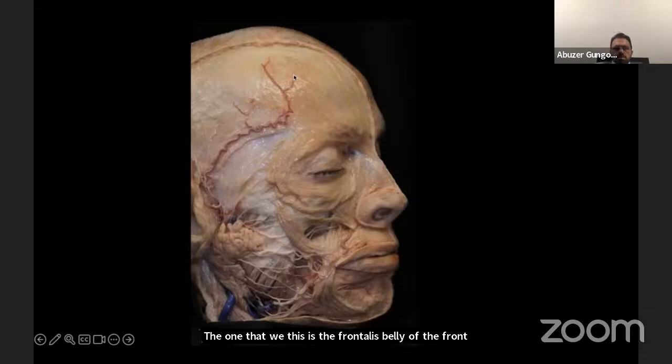It has a frontal and an occipital aspect of it, or belly. And then we have the orbicularis oculi, the corrugator supercilii, the elevators, and then we have the zygomaticus minor and major, and the orbicularis oris right here, the depressor of the angle of the lip as well.